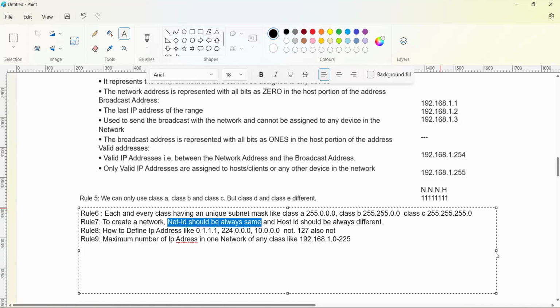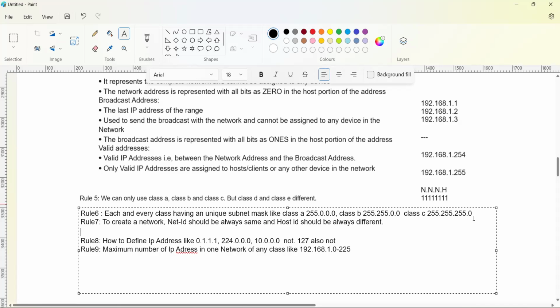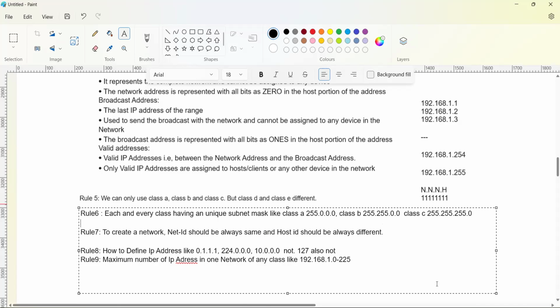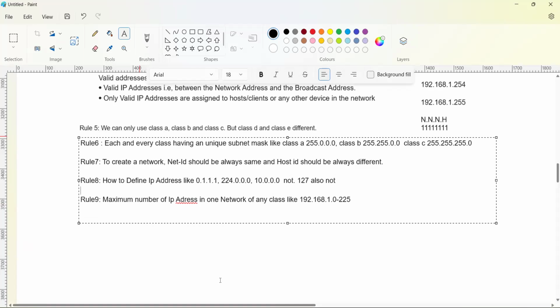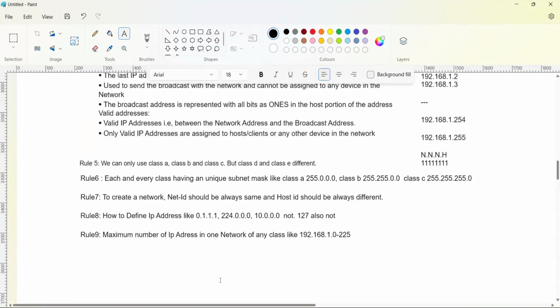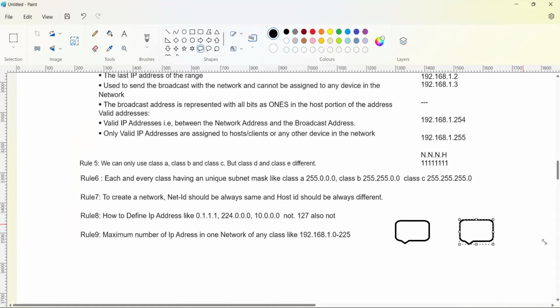Within a network, if you have multiple devices, like one device, second device, third device, the same IP address we cannot assign to each and every device.